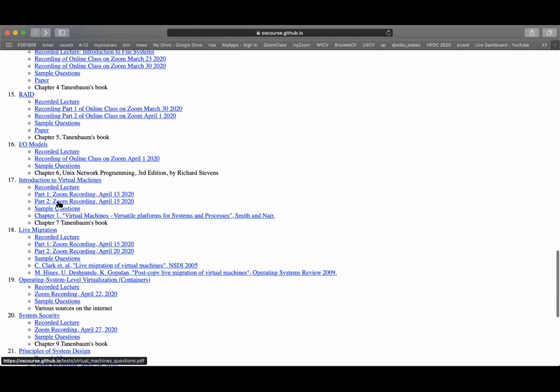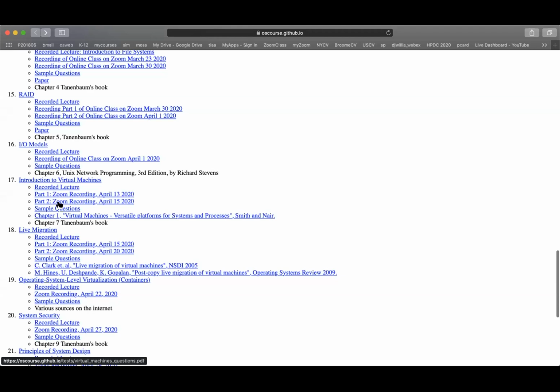We looked at hardware support for virtual machines, system virtual machines in particular. We looked at type 1, type 2, classical VMs, hosted VMs, para-virtualized VMs, and so on. So again, it's important to understand what each of these means and how they differ from each other.